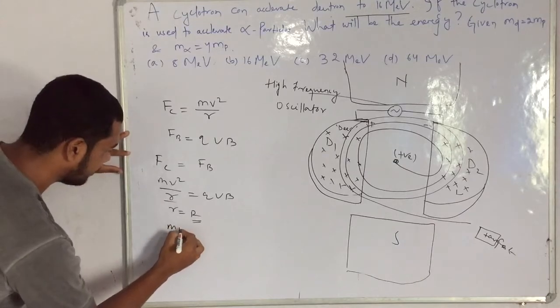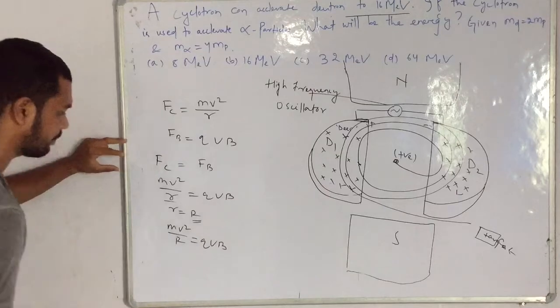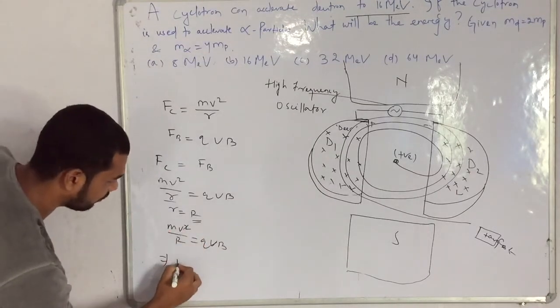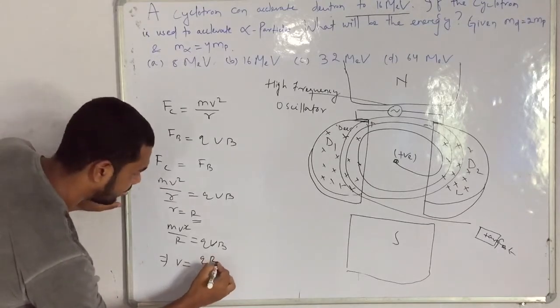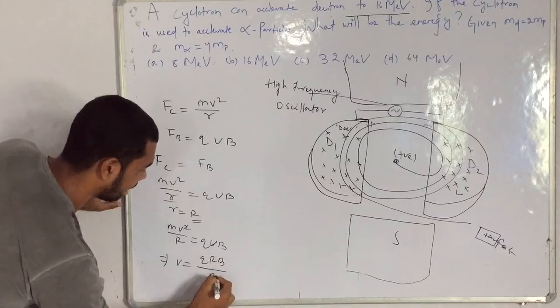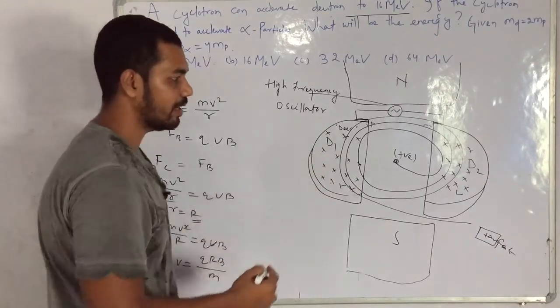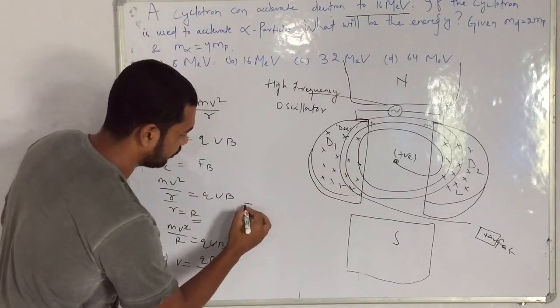That's why mv square upon capital R is equal to qvB, from which we can find v equals qRB upon m.